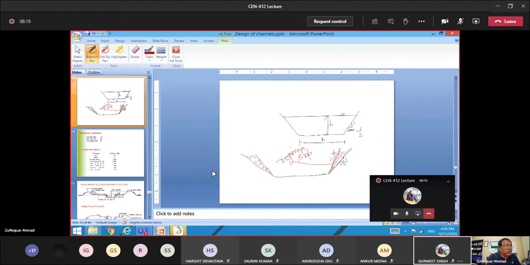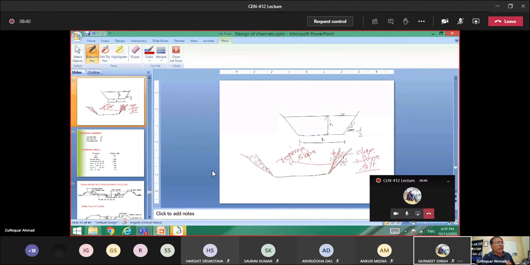The reason is that there are some very fine materials, even clay and fine silt, depositing here. That's why you attain even a very steep slope after running the canal.